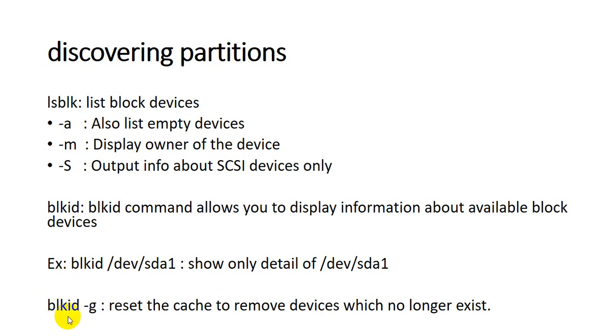If I type the command blkid -g, it will reset the cache and remove devices which no longer exist in the system. You may have already deleted the partition, but it is still showing in the lsblk command. So you can use blkid -g, and it will clear the cache and remove the disk which no longer exists in the system.